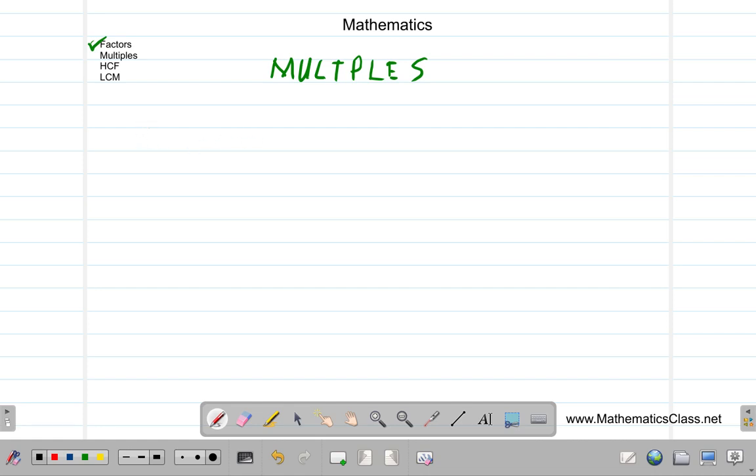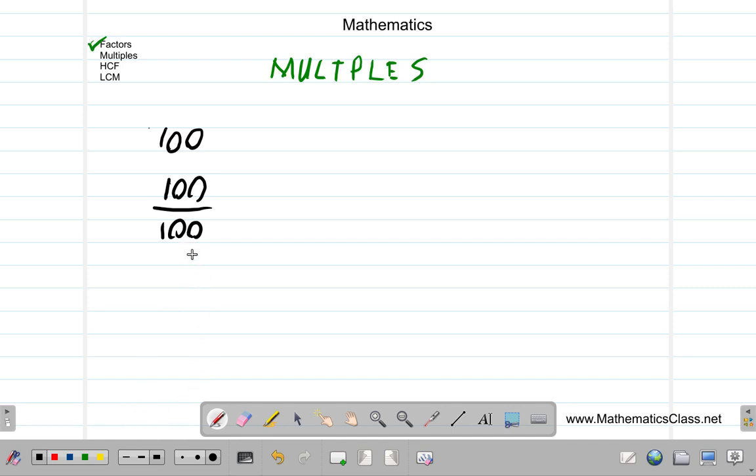A while ago we saw factors of 100. But right now we're going to look at multiples of 100. 100 can divide into itself without leaving a remainder.